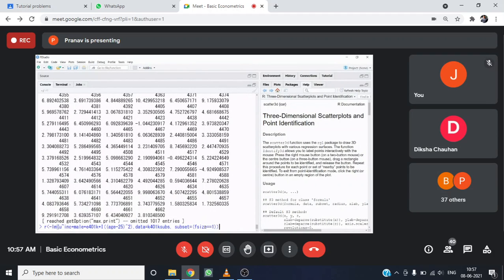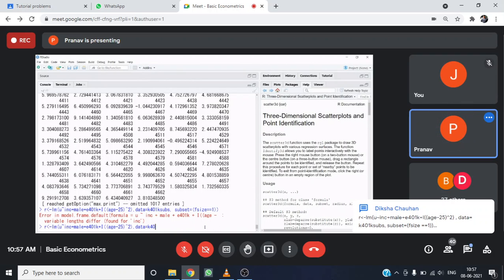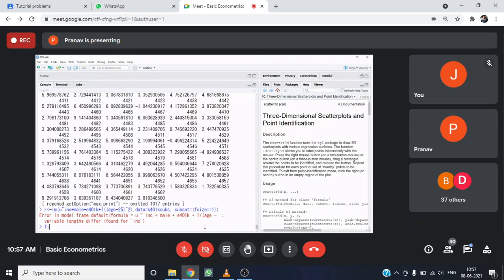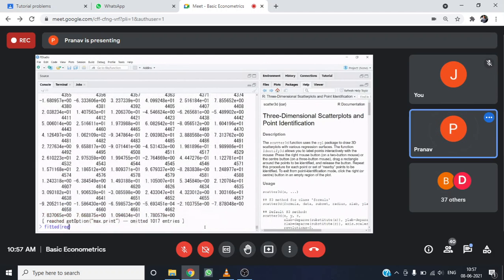What I've done is this regression. I've pasted my command in the chat box. One second.